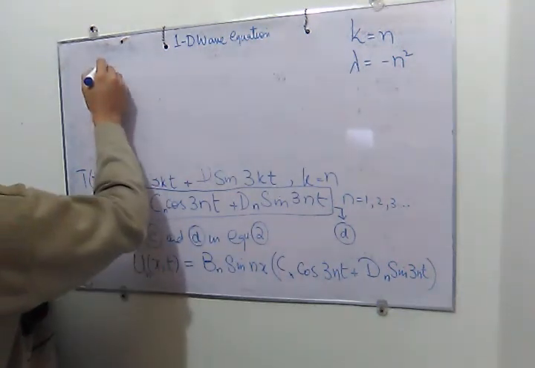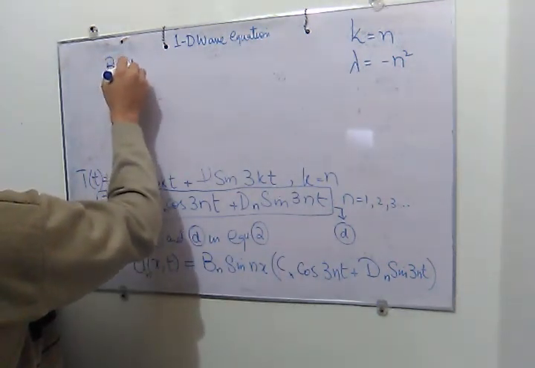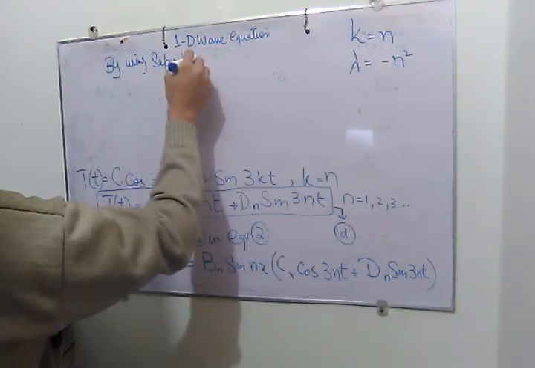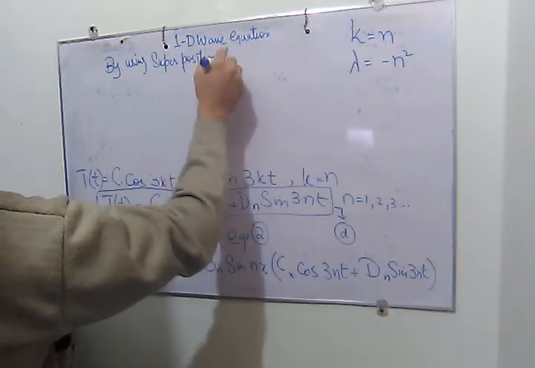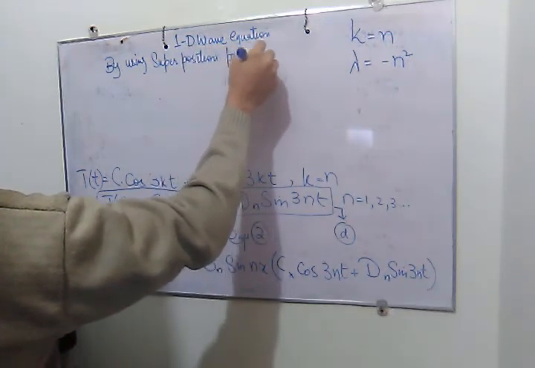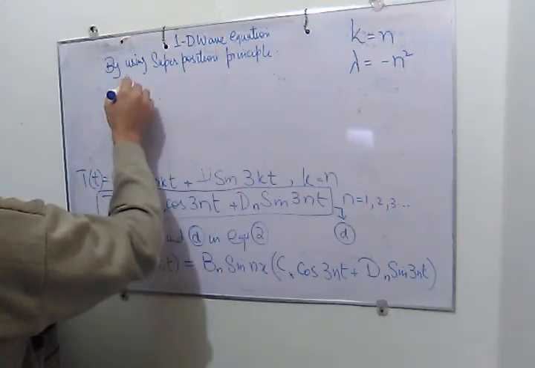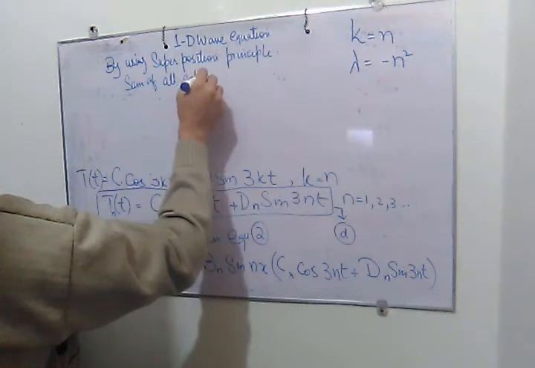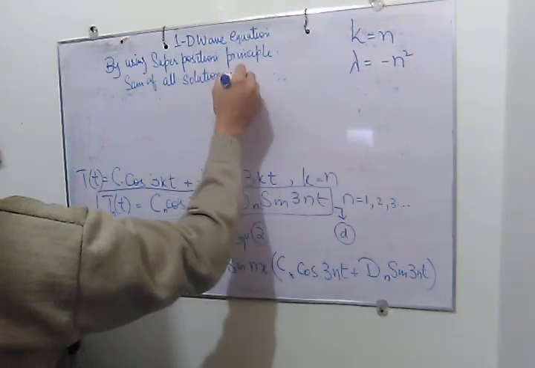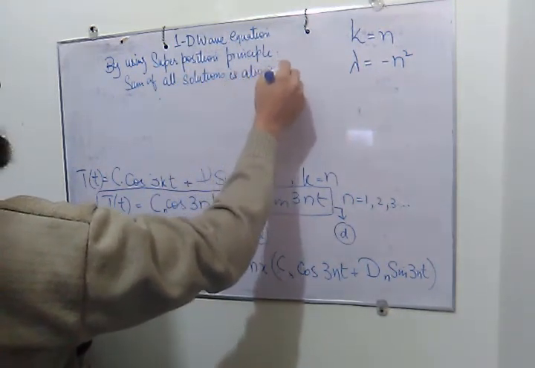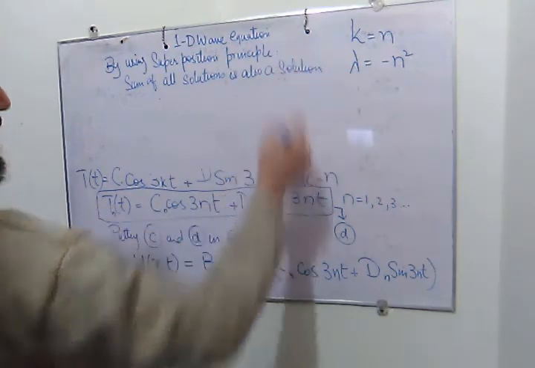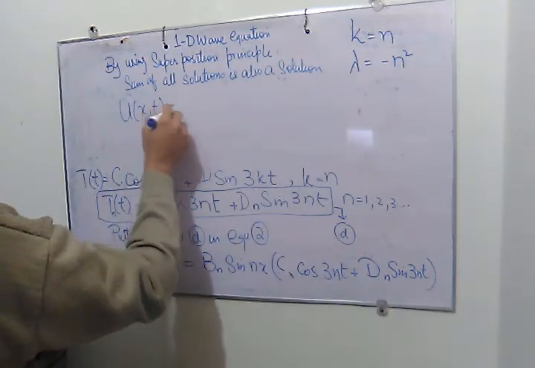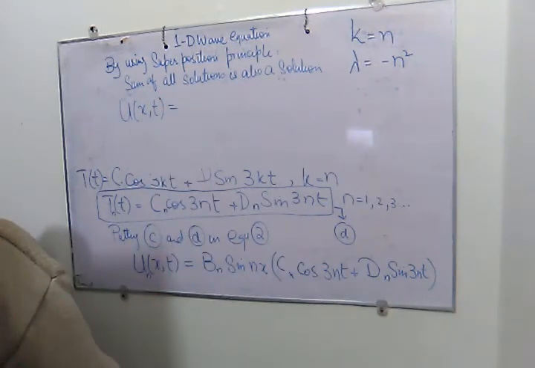So by using the superposition principle, which says that the sum of all solutions is also a solution, we can write this solution as a single solution u(x,t) is equal to, and we sum it up all.